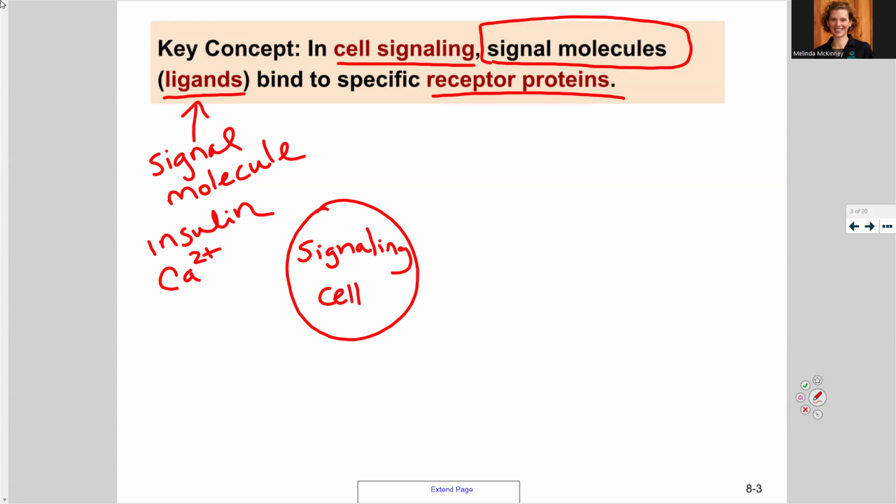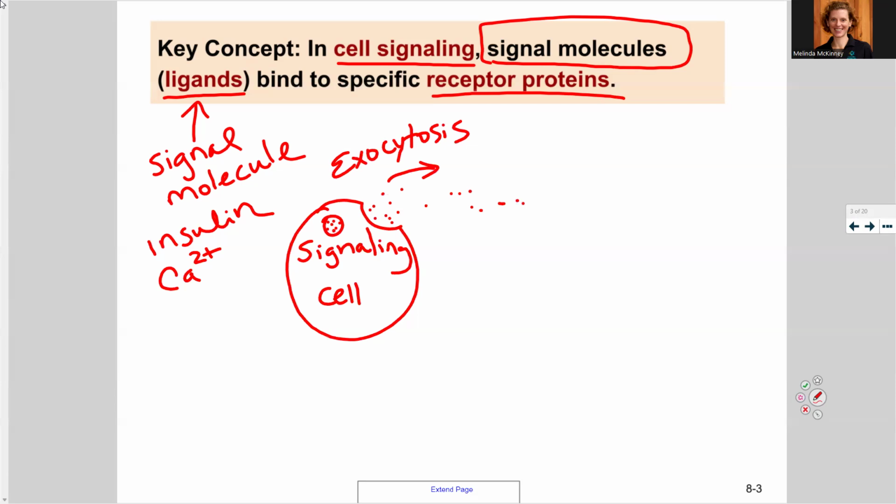The process through which it releases it is often exocytosis. It'll create a little vesicle filled with maybe insulin and then dump it out into the surrounding fluid. That process is called exocytosis.